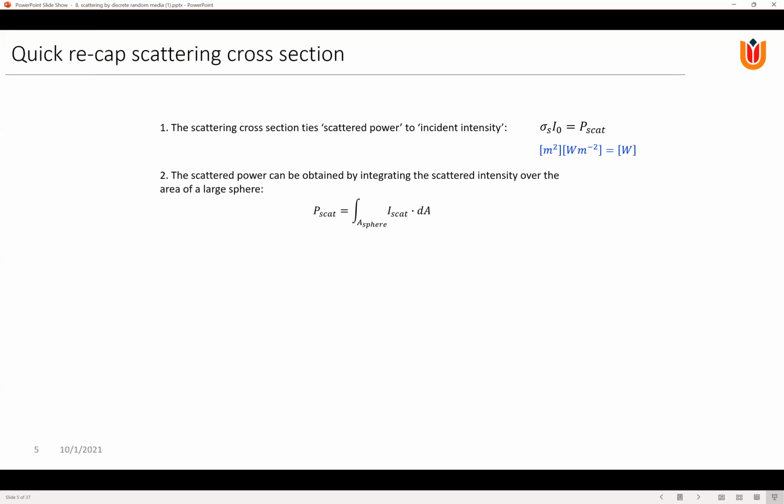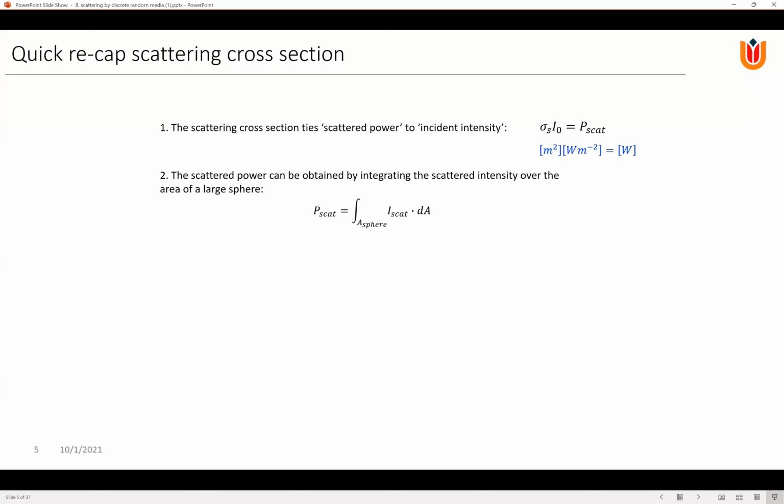The approach of calculating the scattered power, the total scattered power, was to integrate that over a hypothetical sphere. So there is a particle that scatters light.